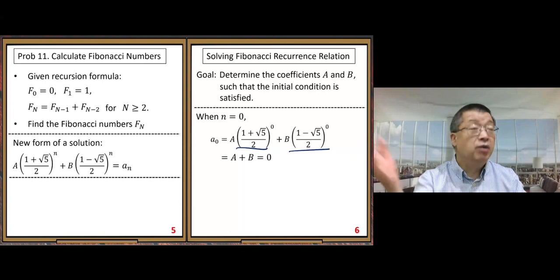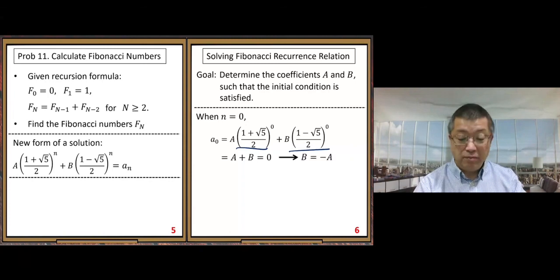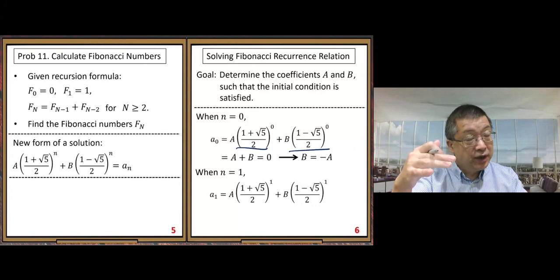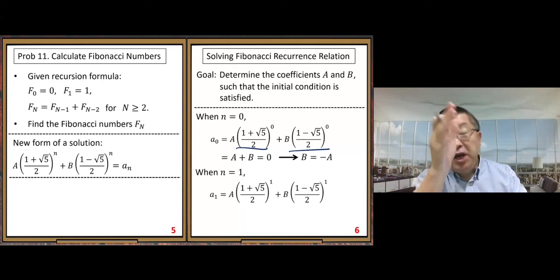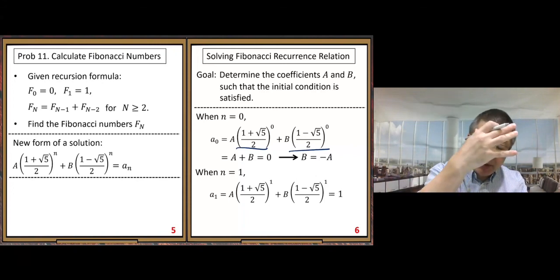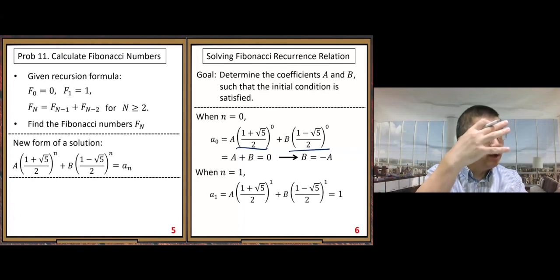So A plus B equals 0. Then B equals negative A. When n equals 1, you plug in, so you have this expression. We know B equals minus A, right? So we can replace B by minus A. Then we factor A out. We know that a1 equals 1.